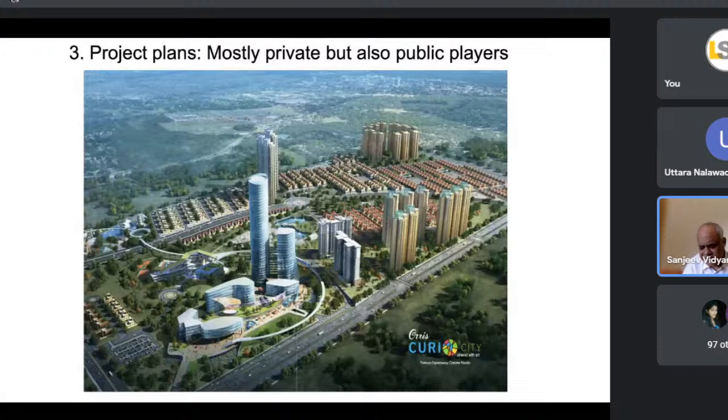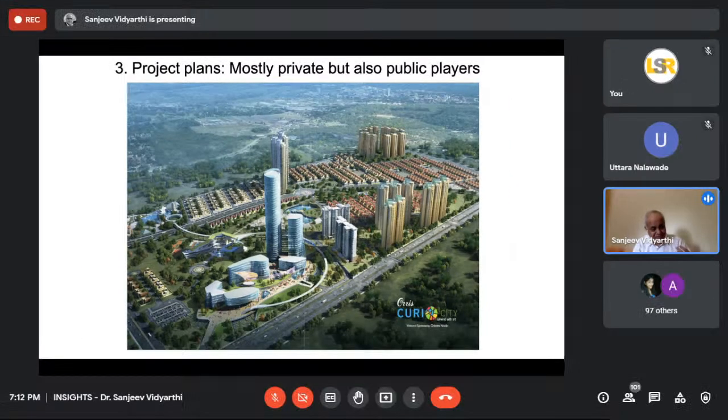In architecture, we historically have thought of our clients as only either private, a developer, or sometimes government agencies. What I'm alerting you to is that within the government, there are many different kinds of agencies that are very different from each other. DMC, for example, a very old colonial institution that goes back to the 19th century. MMRDA, much newer, 1950s, right?